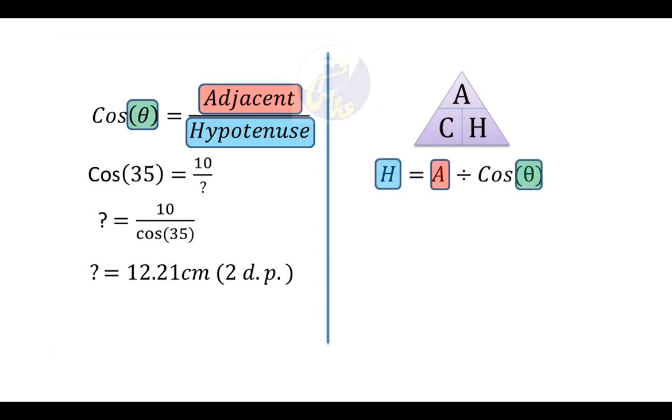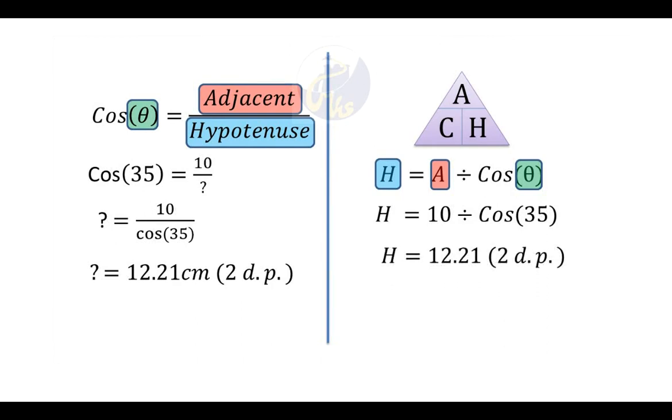And if we look at the values that we're putting in, we're able to get that the hypotenuse is 10 divided by cos 35 straight away. No worrying about rearranging a formula or doing anything too drastic. Put those values in a calculator, and you'll get the same answer again of 12.21, and you're done. So hypotenuse problems can be trickier to rearrange, but if you use the triangle method, that won't be an issue at all.